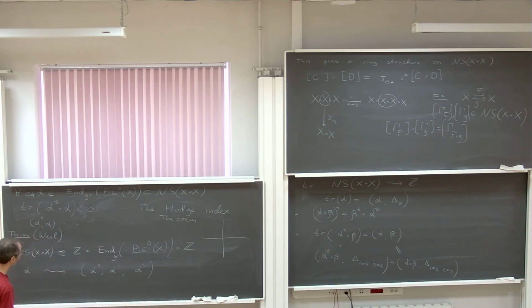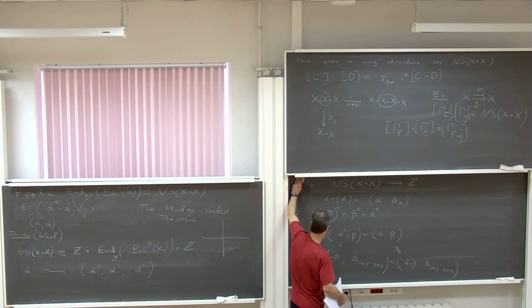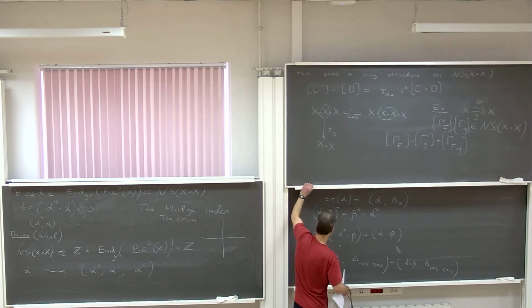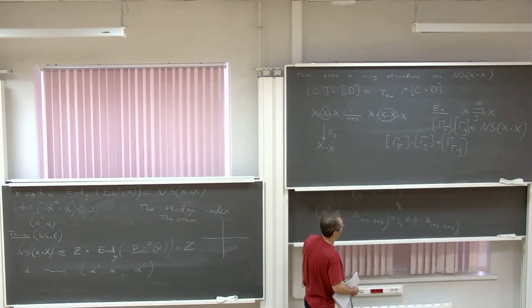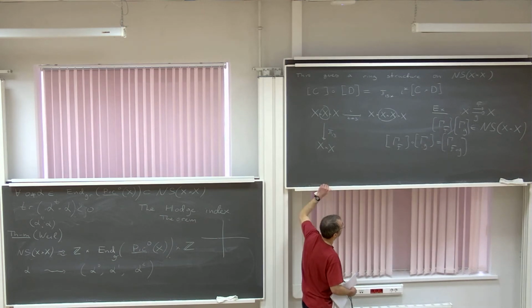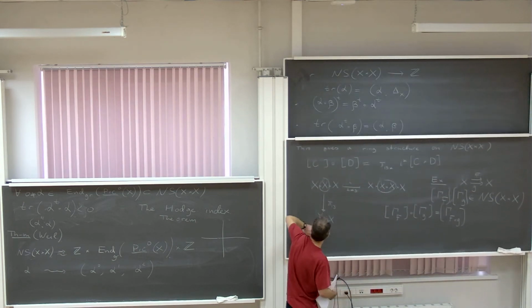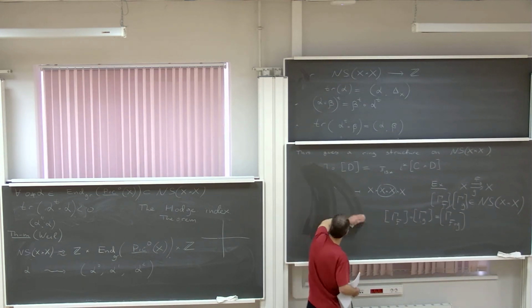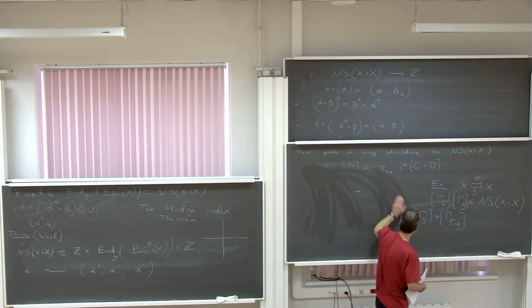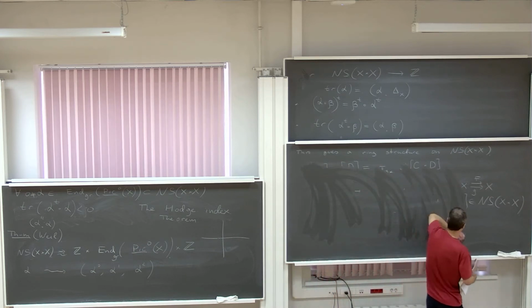Very good. So we have this picture, and now, as I promised, I want to tie the ends. So let me explain. Let's look at how this picture looks over the field of complex numbers. Then everything can be described very explicitly in terms of elementary linear algebra.